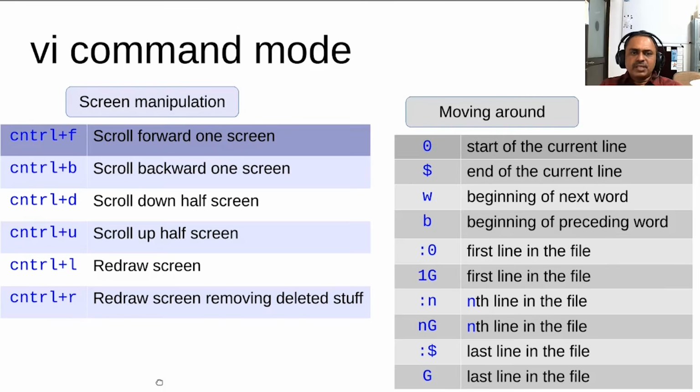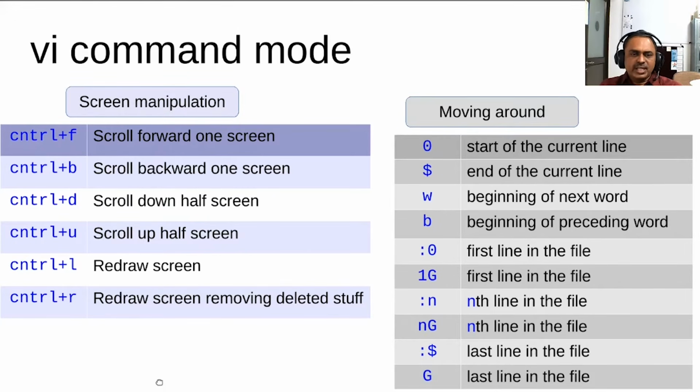So here are some simple commands. Control F and Control B will take the screen forward or backward, so you can move the text within the window, and Control D and Control U would move the text by half a screen only, so that what you're reading is still within the viewport, but some more lines are available for you to read and edit.